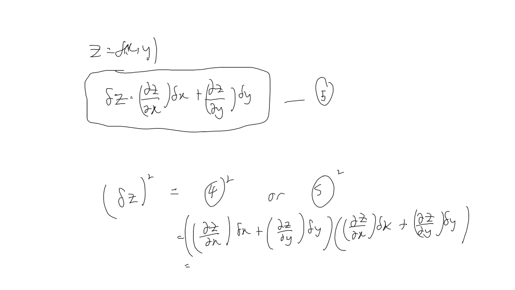So you get round z over round x squared delta x squared, plus 2 round z over round x delta x round z over round y delta y, plus round z over round y squared delta y squared. So you have to neglect this term.